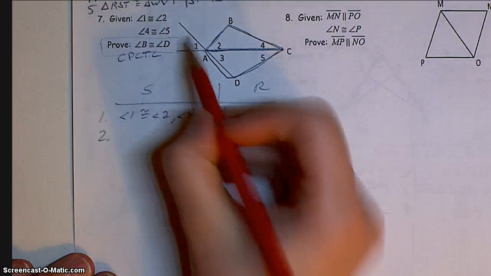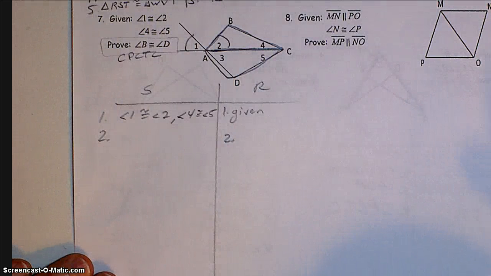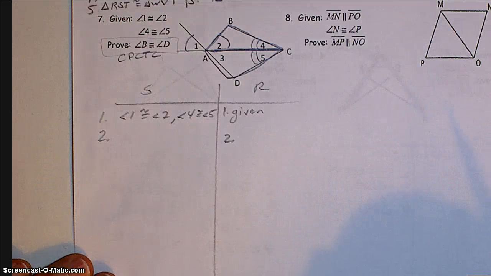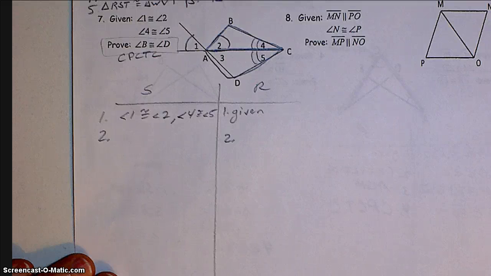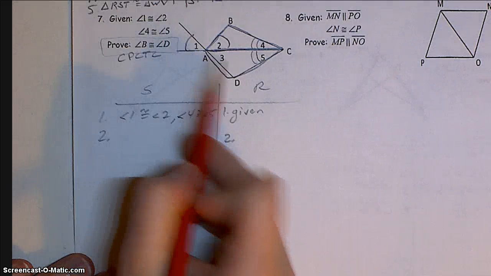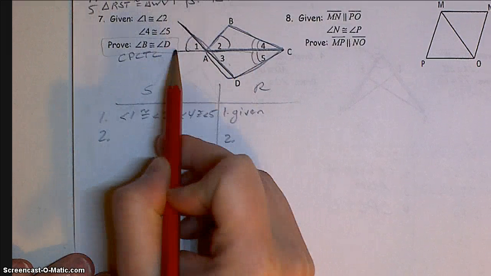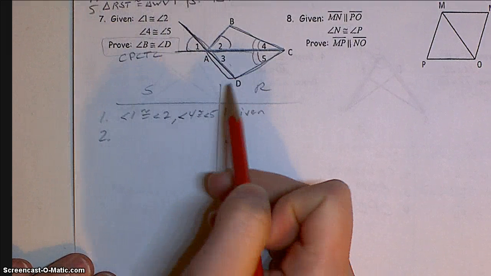Okay, here we go. Angles 1 and 2 are congruent by the given, and angles 4 and 5 are also congruent by the given statement. Okay, what else can I see? Well, 3 and 1 kind of look like vertical angles because these 2 lines intersect to form 2 angles.